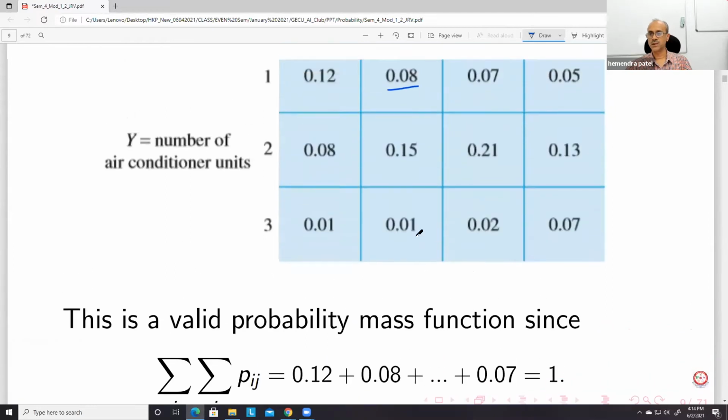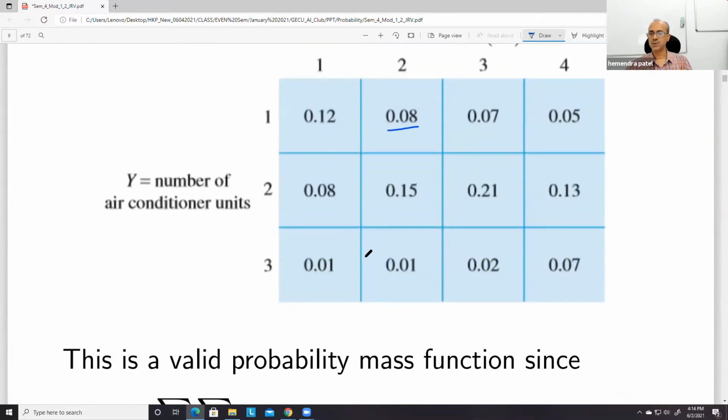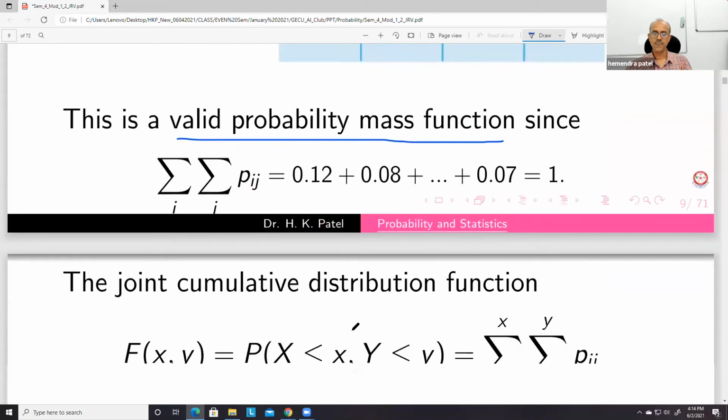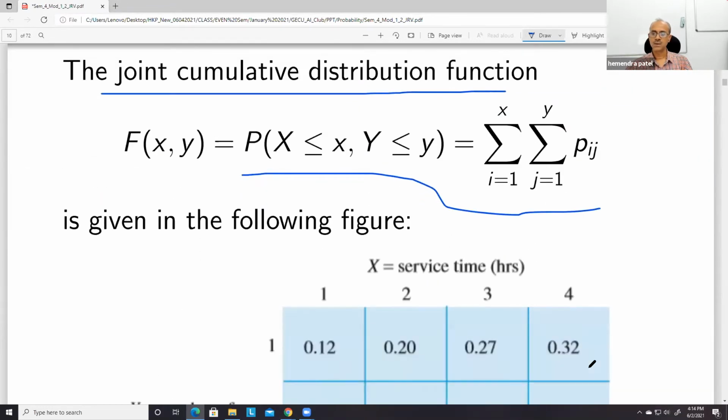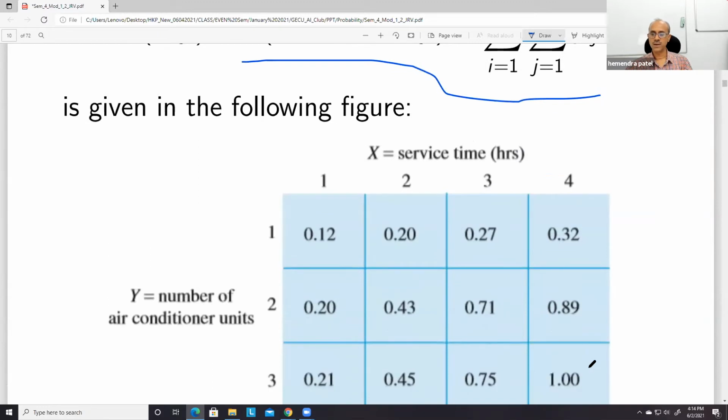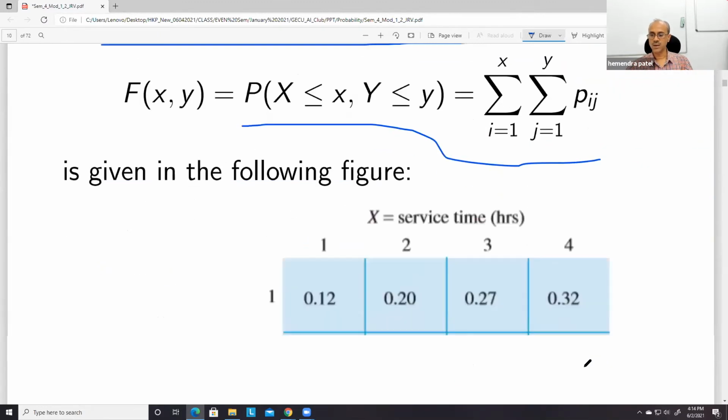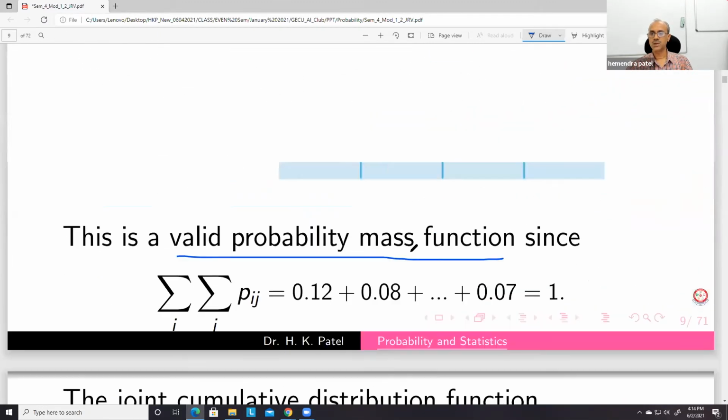You can verify that the sum of all these numbers is equal to 1, and also that all these numbers are greater than or equal to 0. Now, how to find the joint cumulative distribution function? We have just seen the definition, so with the help of this we can find it. This table is constructed from this one.